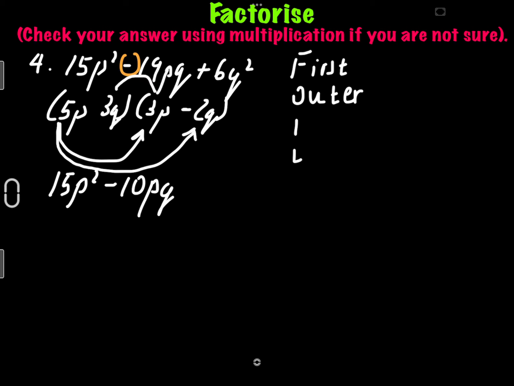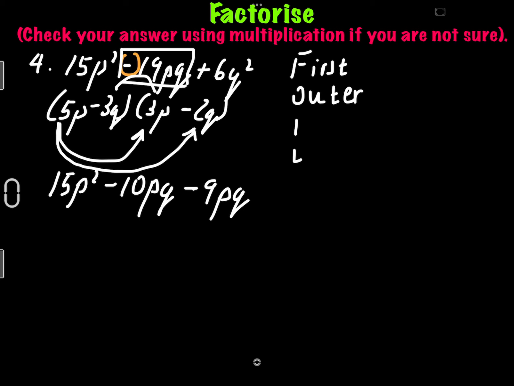So when you multiply negative 3q by positive 3p, it gives us negative 9pq. Okay, so that appears to be satisfying this middle term there.